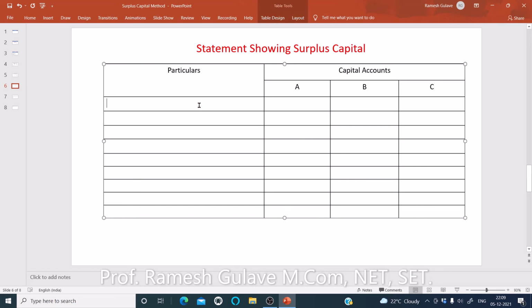In order to understand the preparation of the statement, in the particulars column, I am giving a number for every step. For the first step, I have given number one in the first column under the particulars title in the second row. So here on the screen you can see. At the first step, we have to record the capital balances.